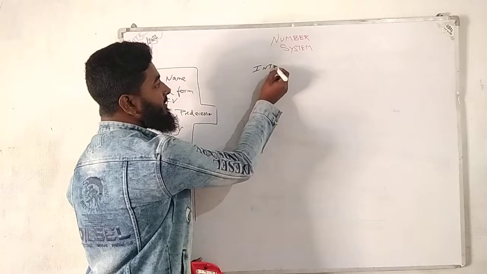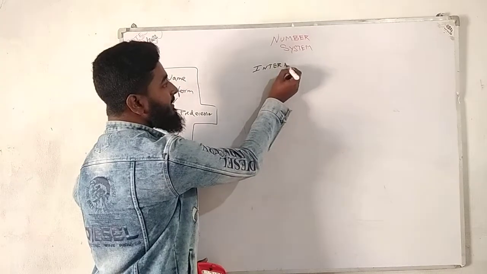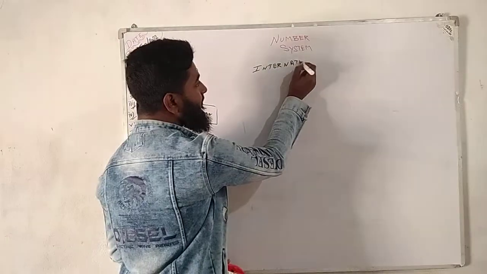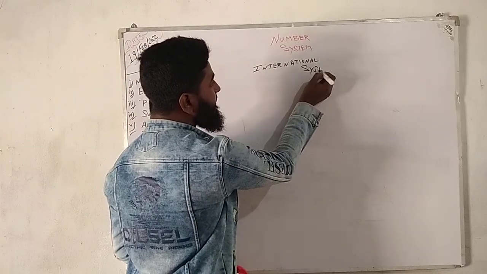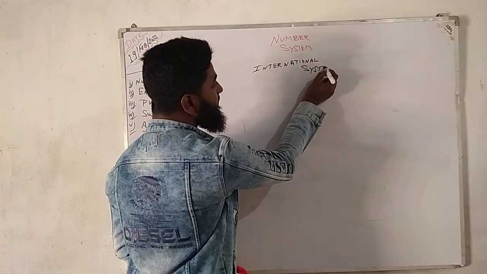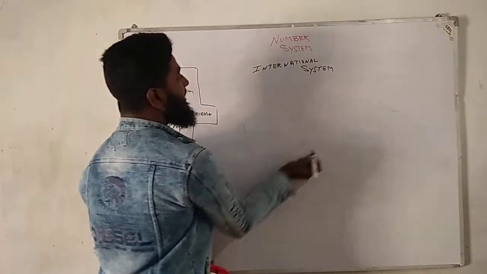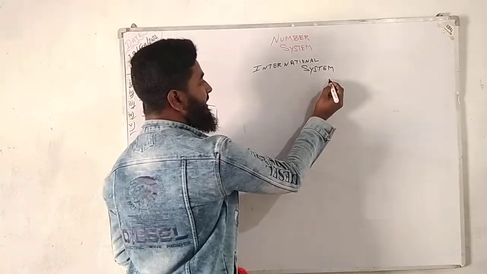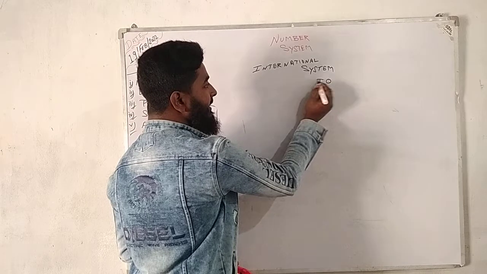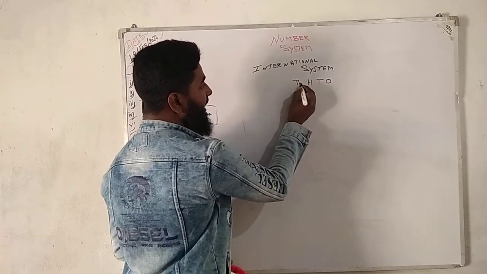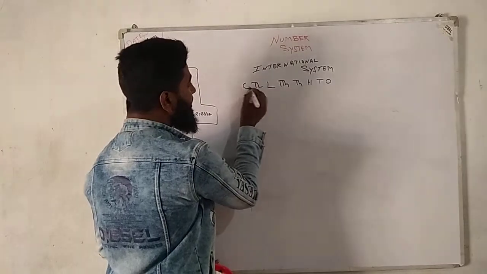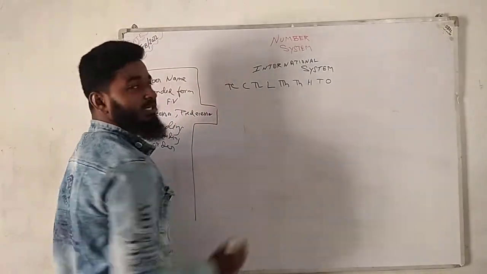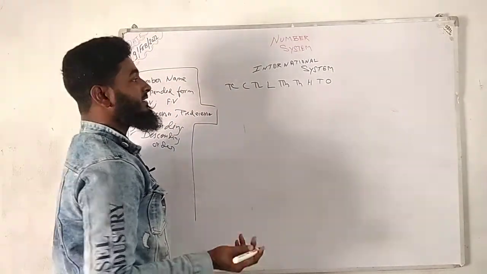Nothing new in that. International system. It is like the Indian system we have known. It is ones, tens, 100, 1000, 10,000, lakh, 10 lakh, crore, 10 crore. This was the Indian system. Now what is the international system?